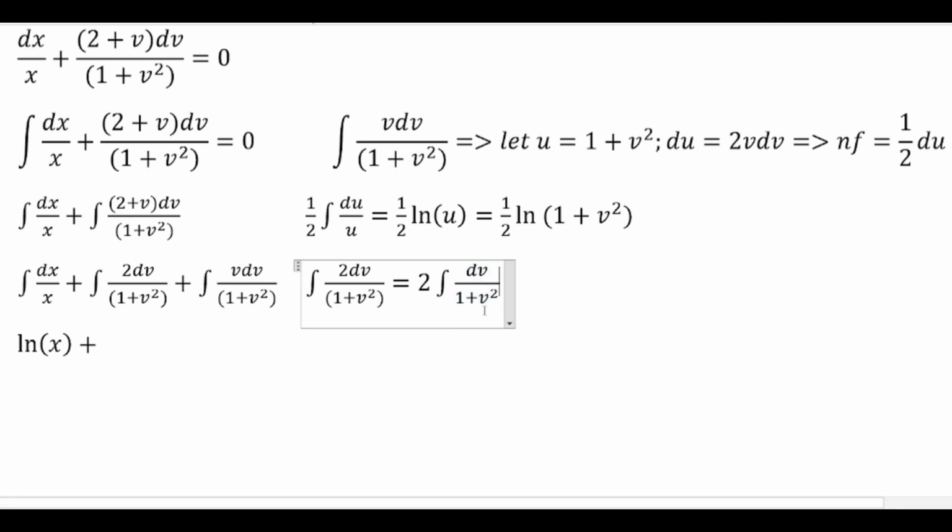Now that we have that, you know that this one can also be written as v squared plus 1, which is in terms of u squared plus a squared. Now in this trig substitution, we all know that u squared plus a squared, u equals a tan theta.